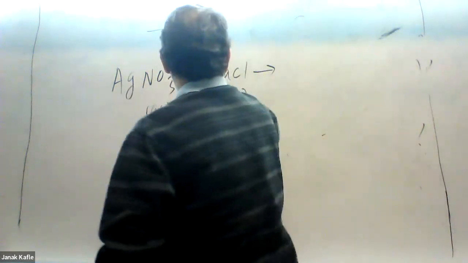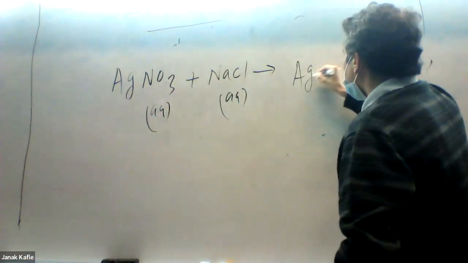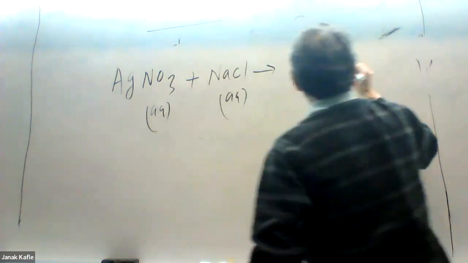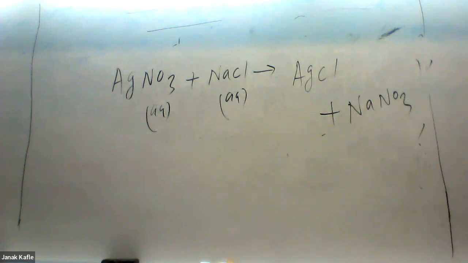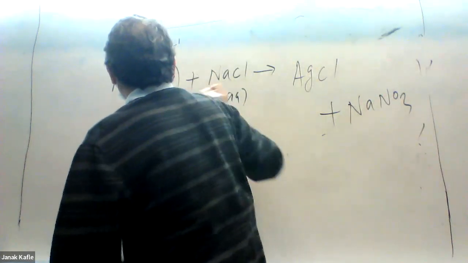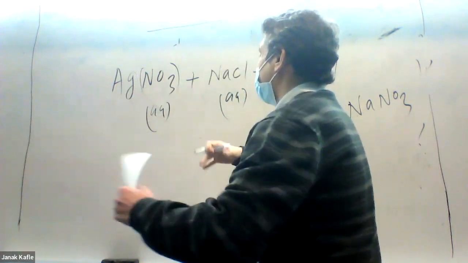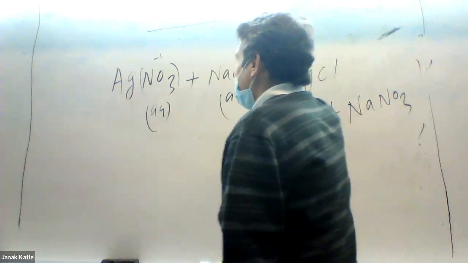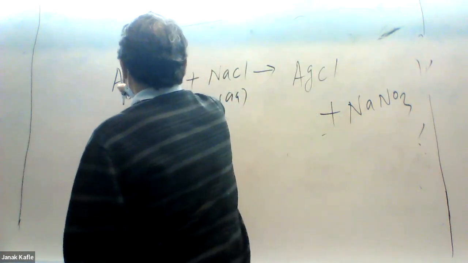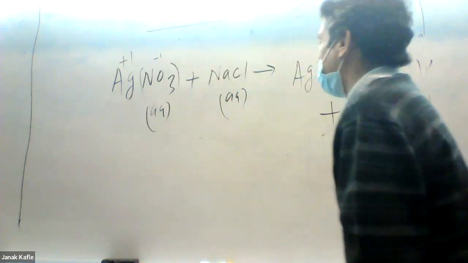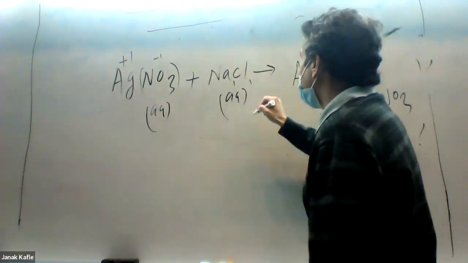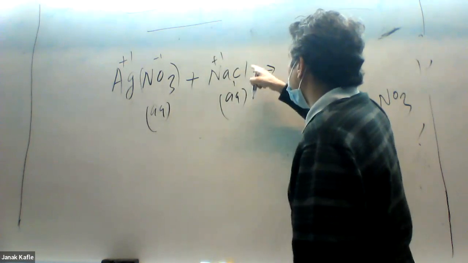So Ag and Cl are going to sit together, and Na and NO3 are going to sit together. If you want to find the charge here, NO3 is one chunk. This is called a polyatomic ion, which is -1 if you look at the polyatomic ion chart. There is 1 here, so Ag must be +1. There is 1 here, NO3 must be -1. And here Na is +1, so Cl must be -1.